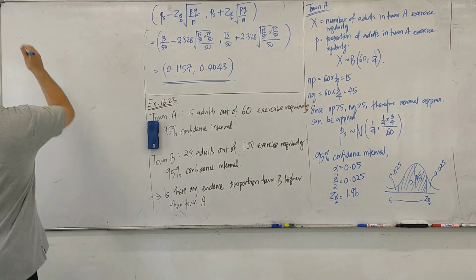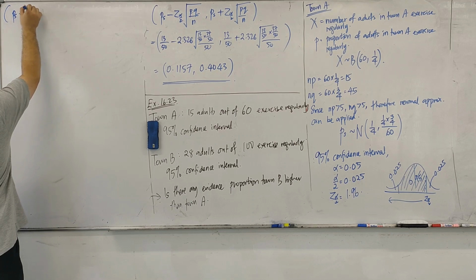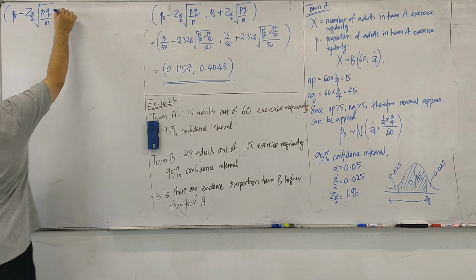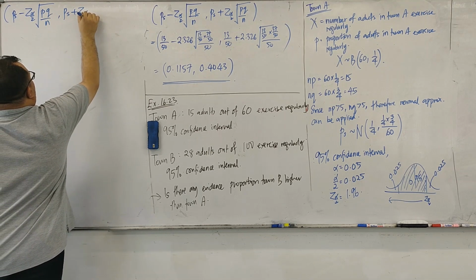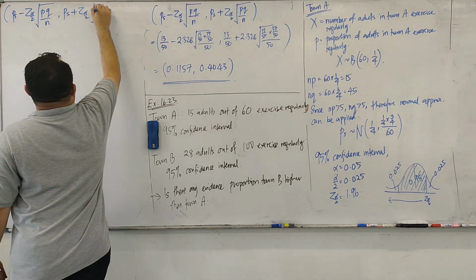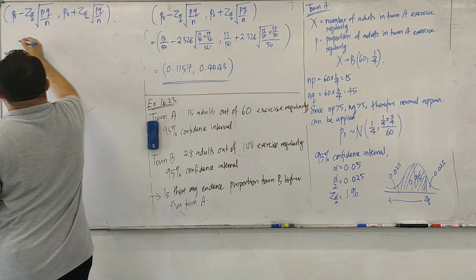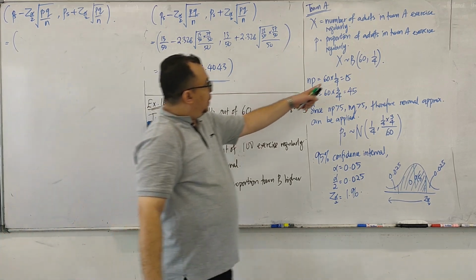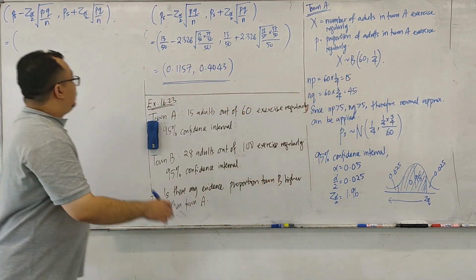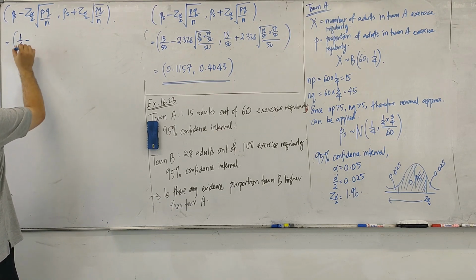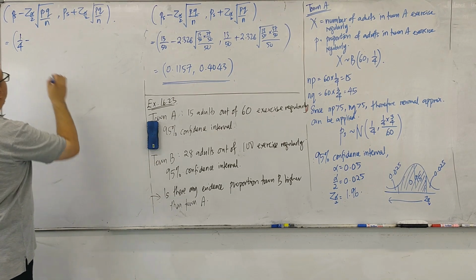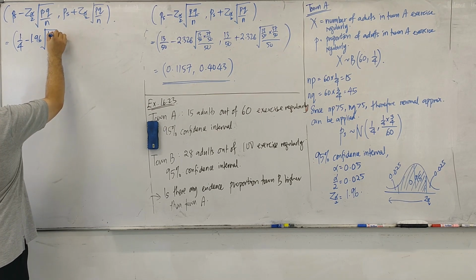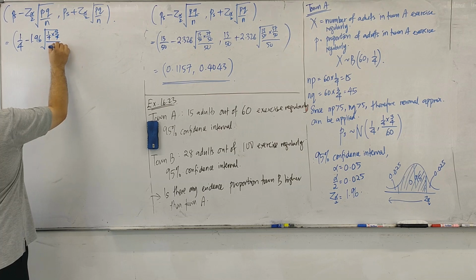Step 4, formula: PS minus Z alpha over 2 square root PQ over N, PS plus Z alpha over 2 square root PQ over N. Okay, so proportion awak adalah 1 over 4 minus Z alpha awak adalah 1.96, square root P awak adalah 1 over 4, 3 over 4 out of 60.